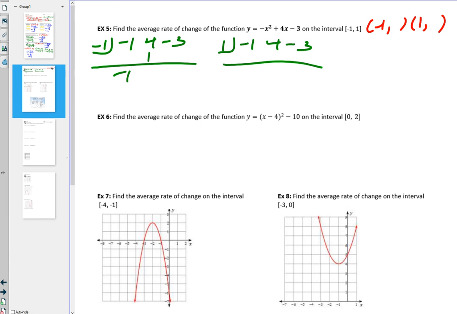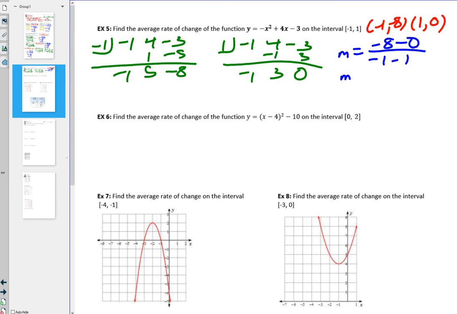So -1, 1, 5, -5, -8. So the -1 goes to -8. And the -1, 3, 3, 0. So 1, 0. So our slope formula is -8 minus 0 over -1 minus 1, -8 over -2. Take that, Jair, 34.